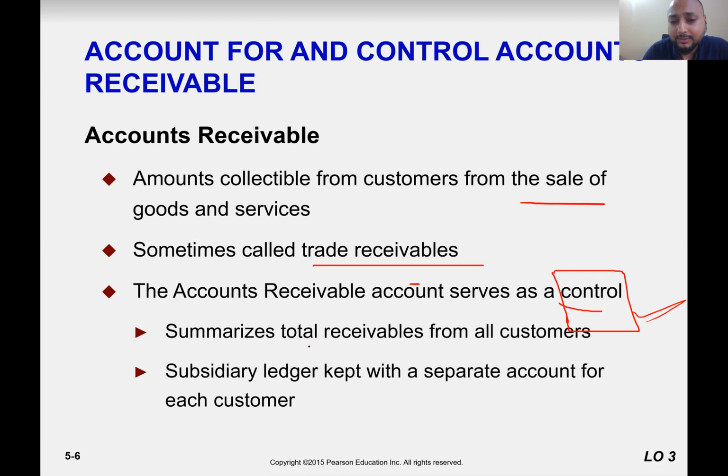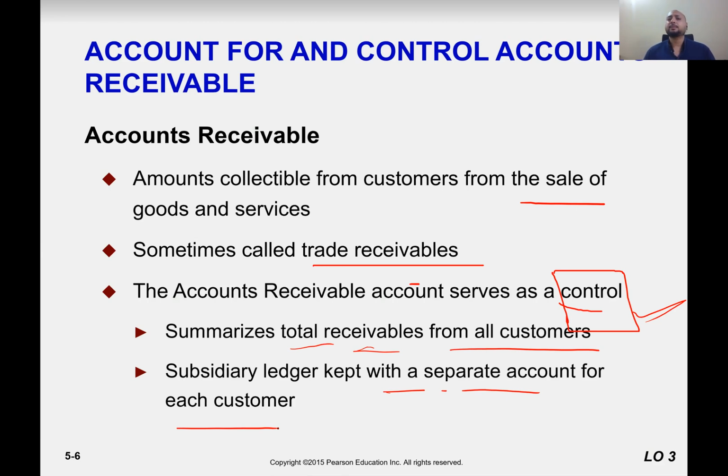So why is that? Because it summarizes total accounts receivable from all customers, plus subsidiary ledgers kept with a separate account for each customer. So you already know how much sales we have in our sales account, and how much money we need to receive from customers, right?